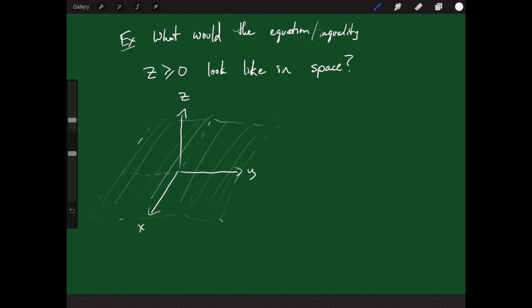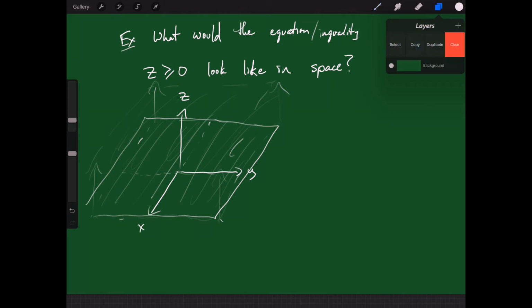So everything up above the plane as well is included. So include the xy plane, which is sitting right here, and then everything above it. So you can kind of visualize this is like half of space that we're talking about here. Okay?